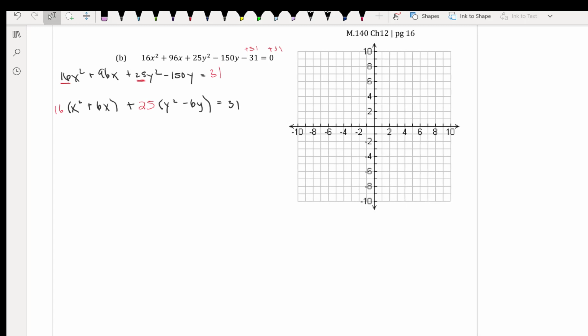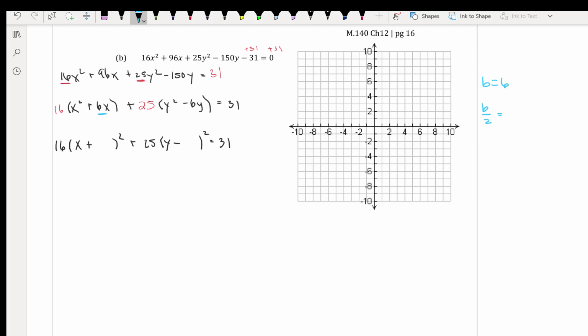Now, I'm going to get ready to do the completing the square. So when I'm completing the square, I'm going to have my 16x plus squared, and then my 25y minus squared is equal to, and now this is where the magic is going to happen. So over here, I'm going to think about my b value being equal to 6.